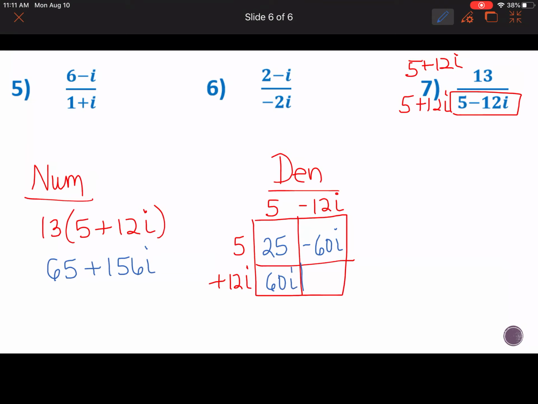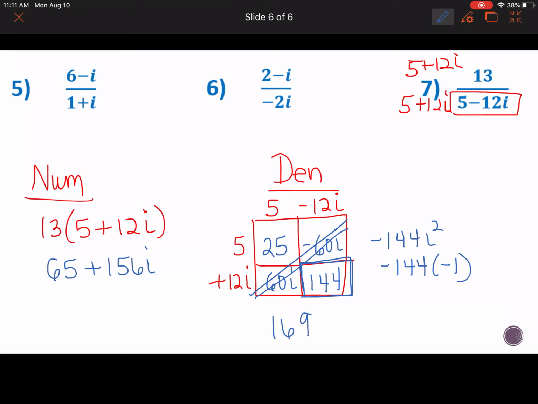And then I'm going to do this out to the side first. Negative 12i times positive 12i is negative 144i squared, which is negative 144 times negative 1, so that's positive 144. So in our denominator, when we combine our like terms, these cancel out, and we have 25 plus 144. So our denominator is 169.